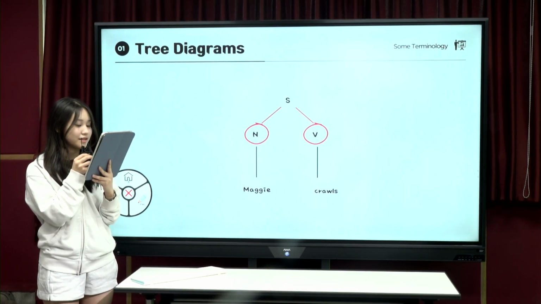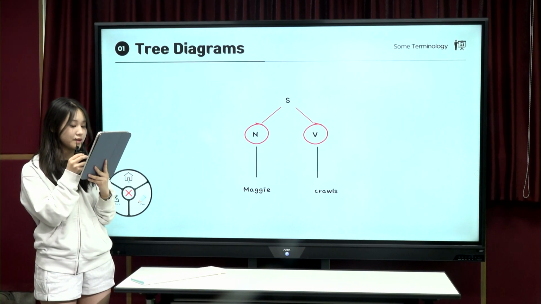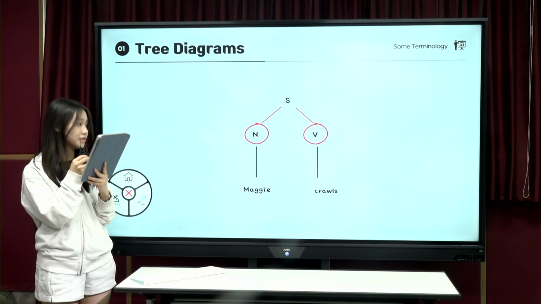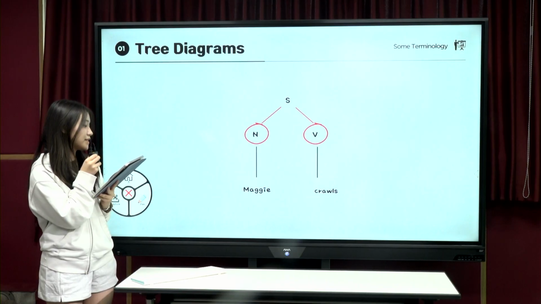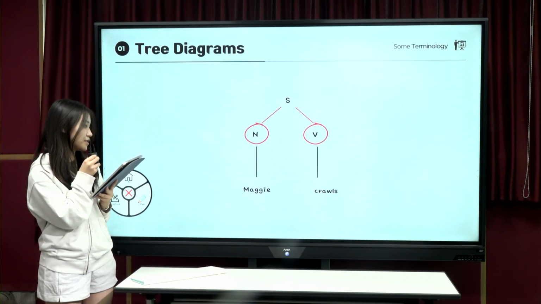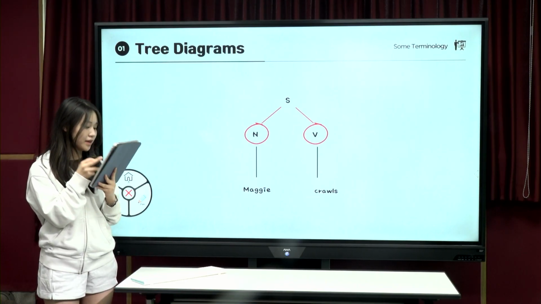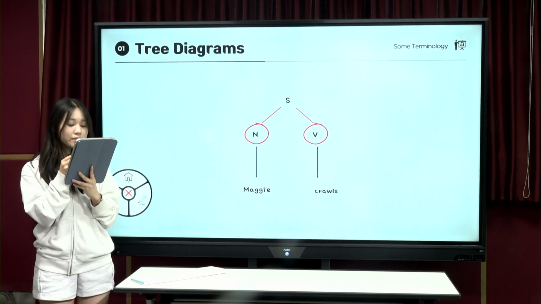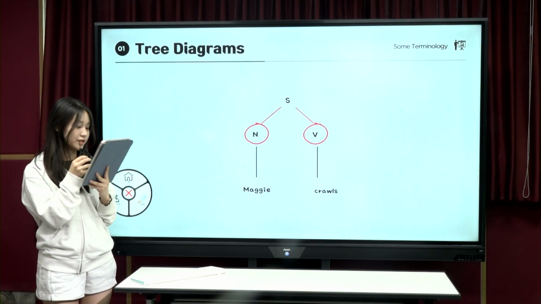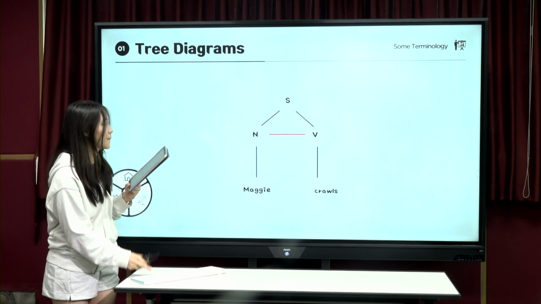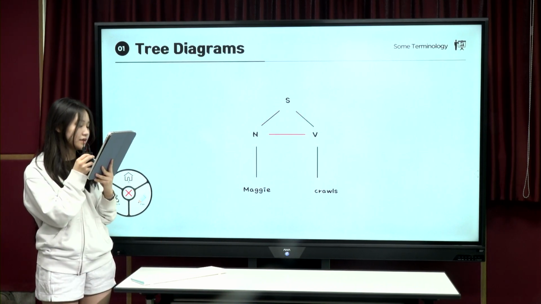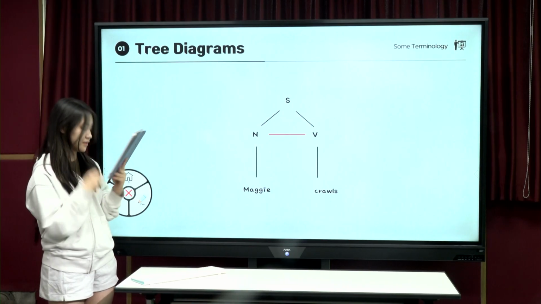And then, the nodes that appear immediately below a given node are its daughter nodes. VP is daughter node of S, and the nodes below VP are its daughter nodes. Nodes can have at most one mother, but they can have more than one daughter. Two nodes that have the same mother are called sister nodes.